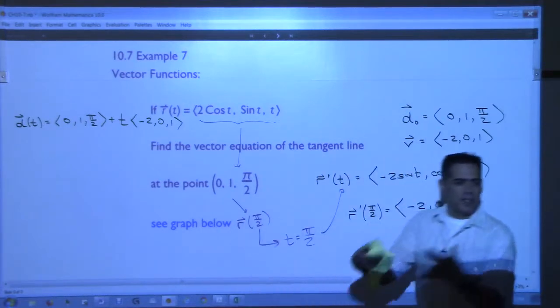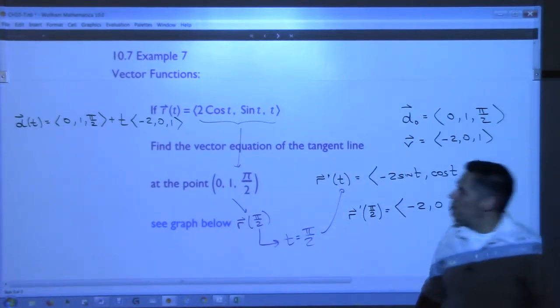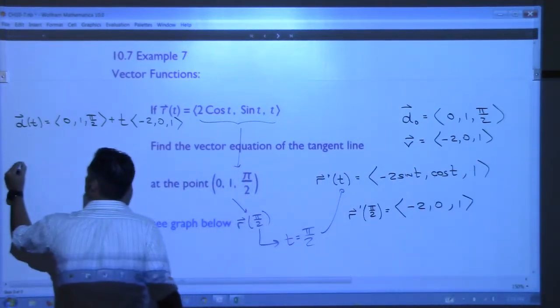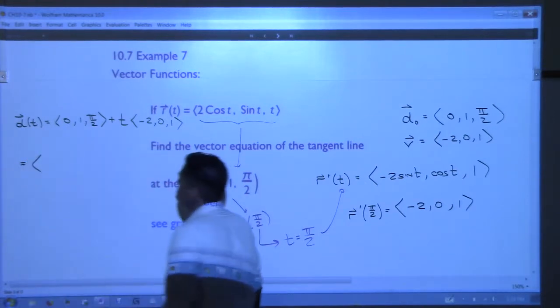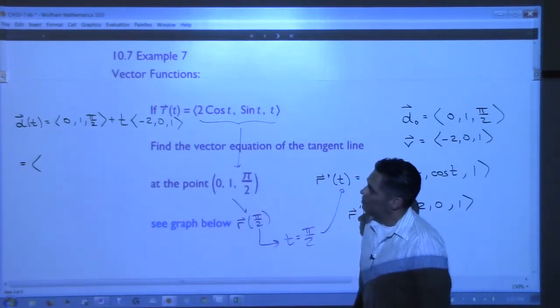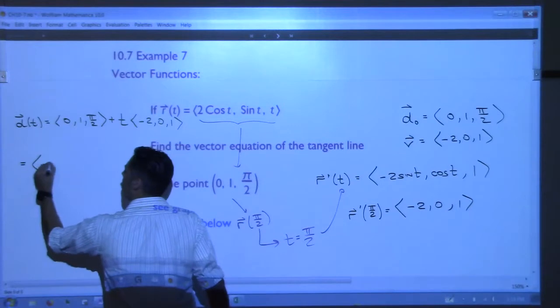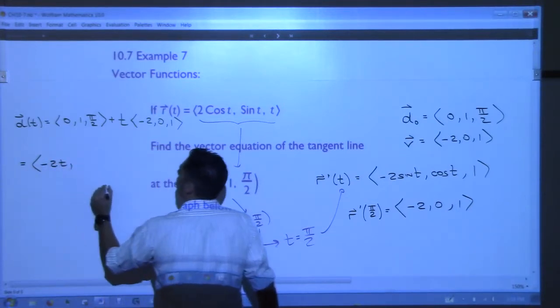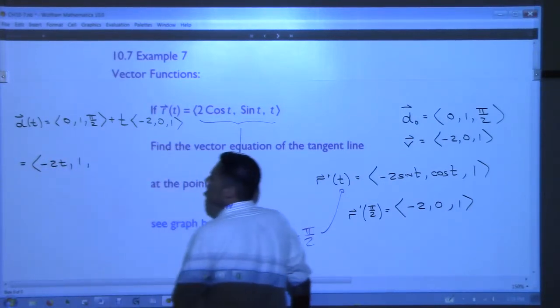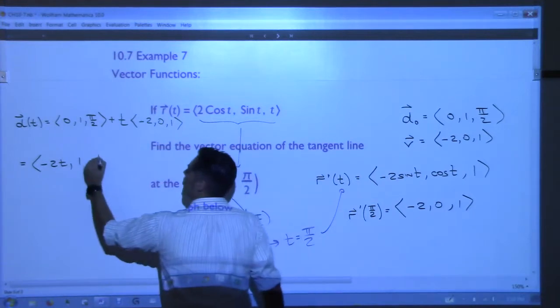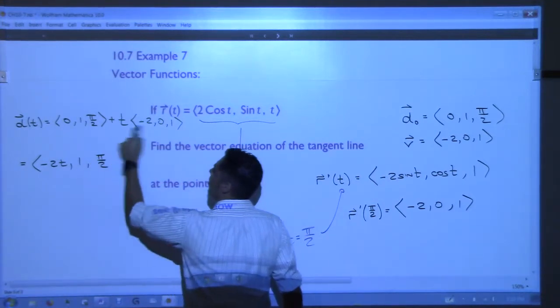And then I put those together into a nice condensed form. So what's it going to be? First term is negative 2t, the second term is just 1, and then pi over 2 plus t.